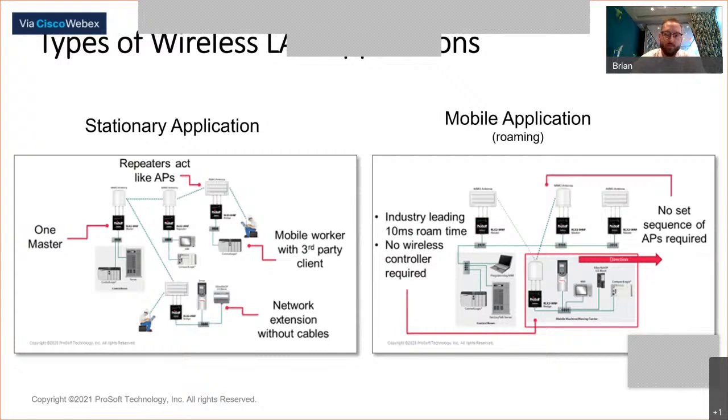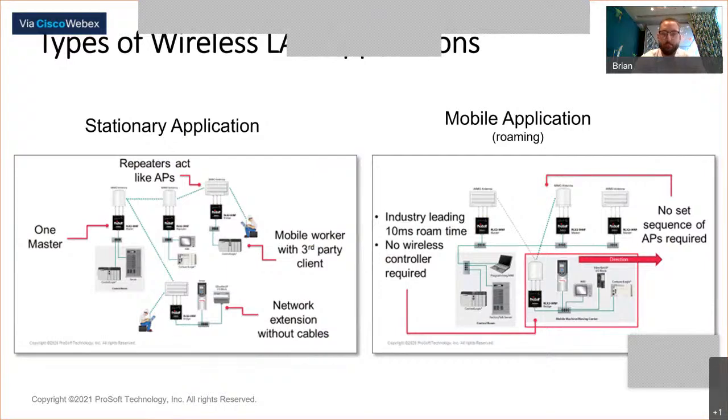Then on the right, we have this mobile application. This is where you may have mobile robots, AGVs, cranes, other pieces of mobile automation that need to maintain connectivity to a main controller somewhere. Our radios are perfect in these applications. We've got a ton of special features like that ultra-fast roaming that we just introduced, which allows our radios to maintain connectivity through the entire path of travel for the robot without dropping packets.